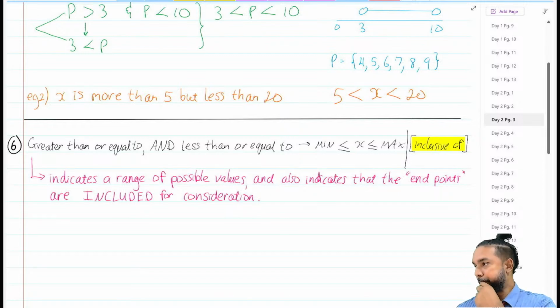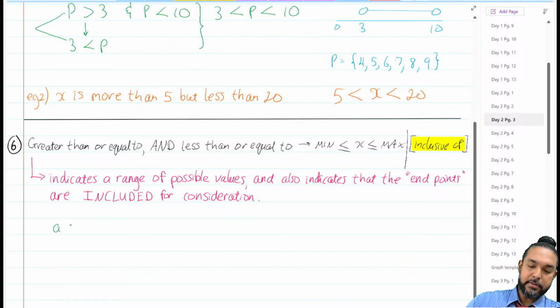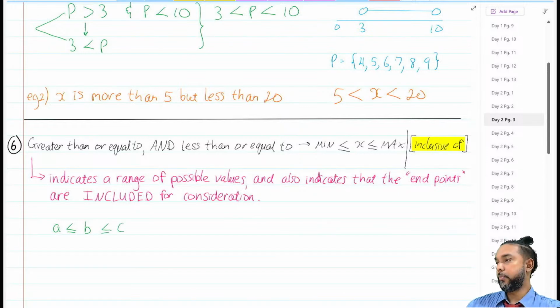Right. All right, so this could look like this. It could look like A is less than or equal to B, which is less than or equal to C.